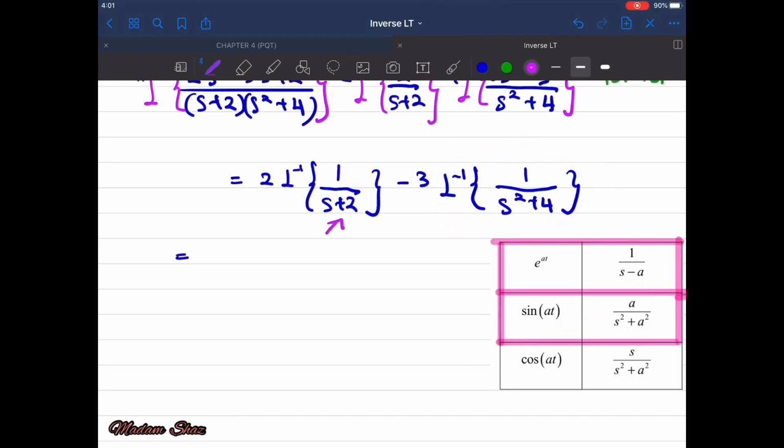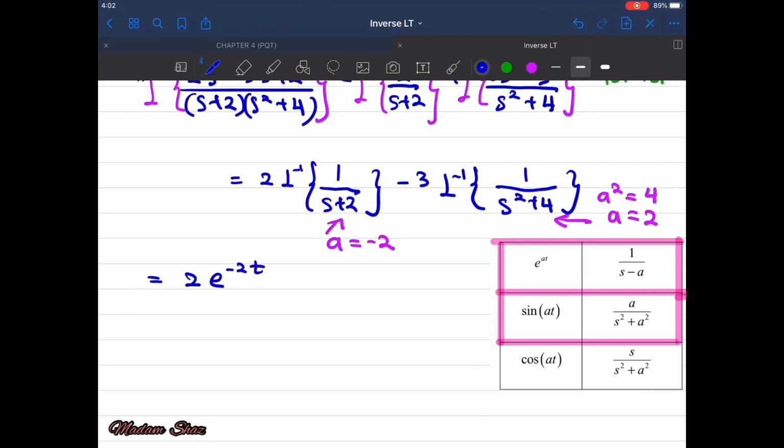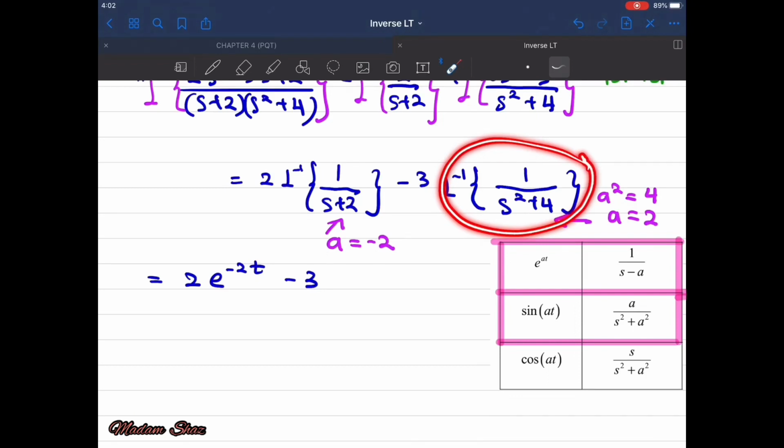So for here, s plus 2, our a is equal to negative 2. So for second curly bracket, s square plus a square is equal to 4. So a is equal to 2. So Laplace inverse 1 over s plus 2, whereby a is equal to negative 2, the answer will become exponent negative 2t. 2 exponent negative 2t minus 3 Laplace inverse 1 over s square plus 4.